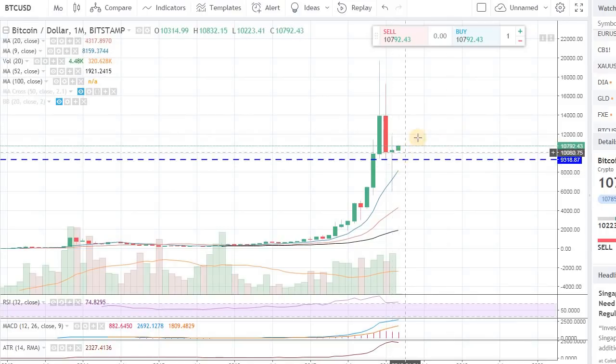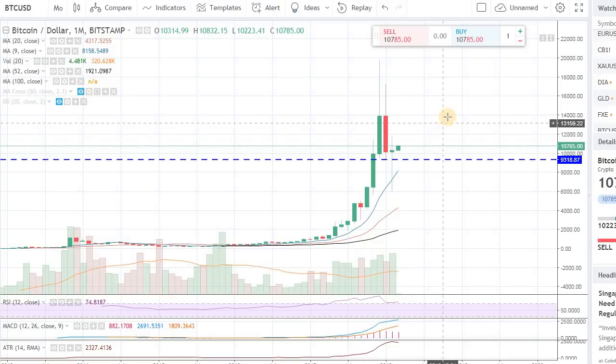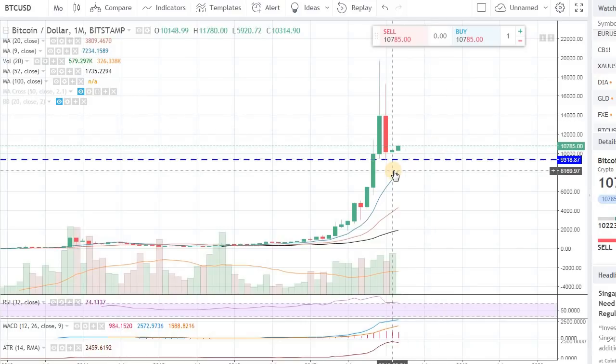But right now everything is looking nice and bullish, so you might want to give some breathing room to your portfolio and some time to grow, because it is set up to hit that 14,000 mark on BTC for March.